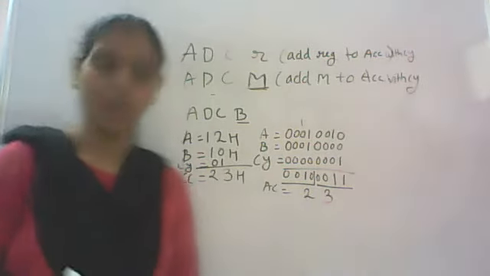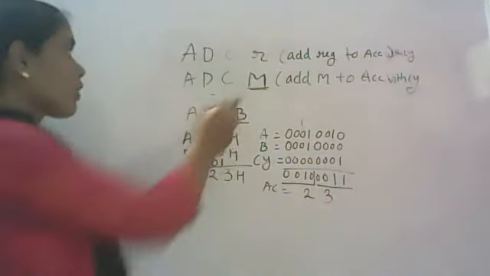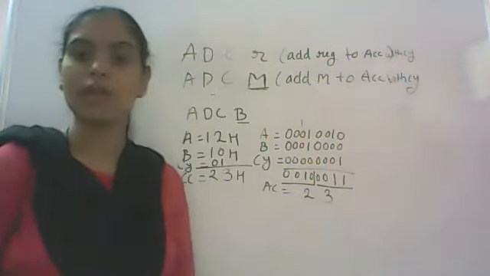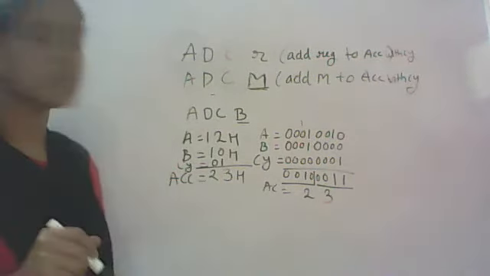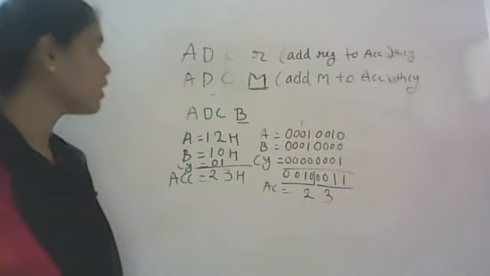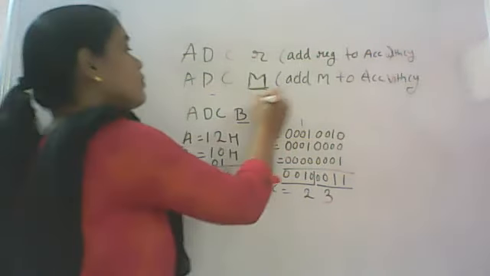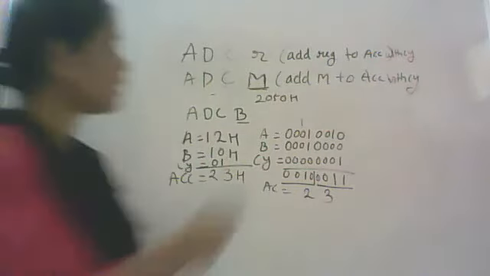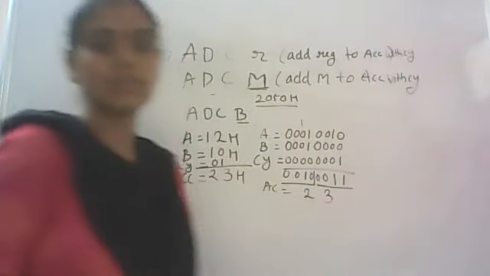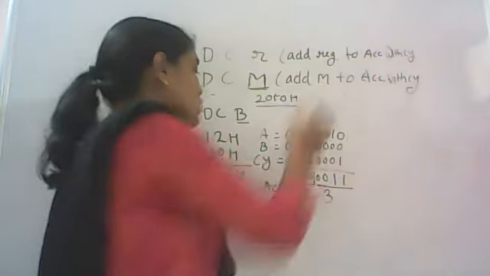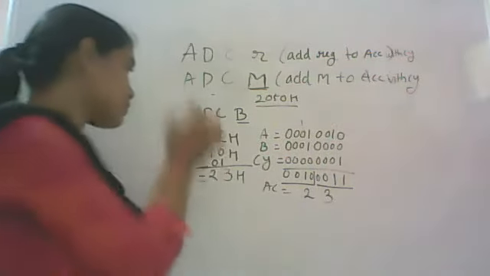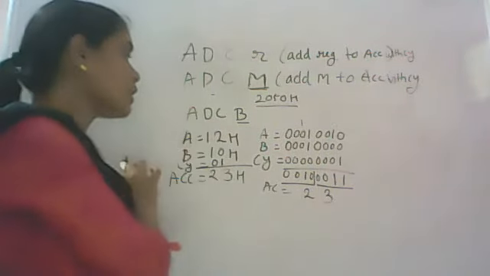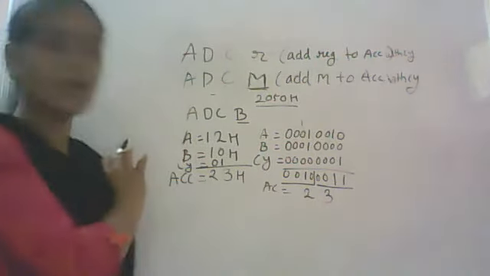Same using the memory location M. The address specified in HL register pair is F2050. This address is stored in HL register pair, and this memory location contains 10 hex and accumulator contains 12 hex.